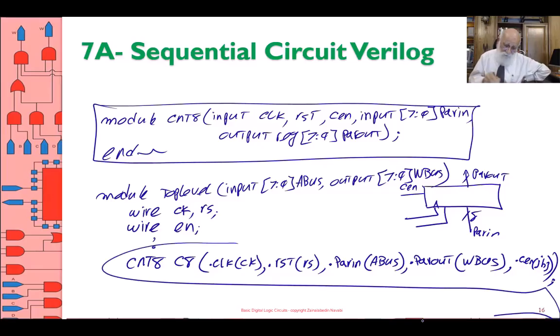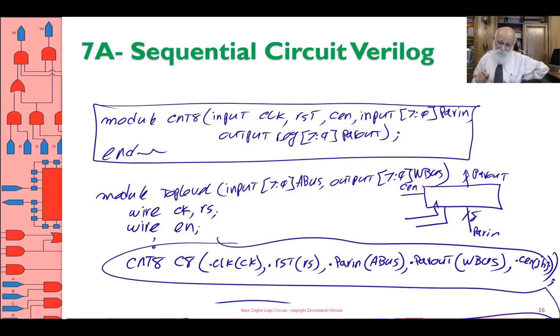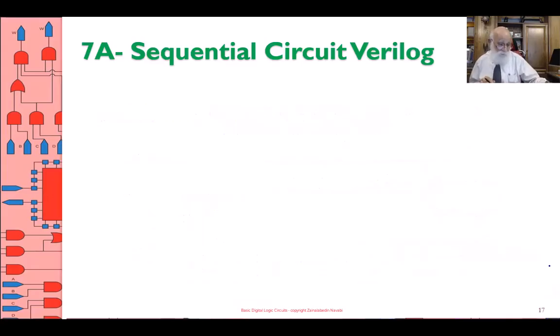Okay, so this is instantiation of that component, which is really no different than the combinational components. I just wanted to do a review of that. One last thing on sequential circuits I'd like to mention. When you have a clock in your test bench, everything is the same.